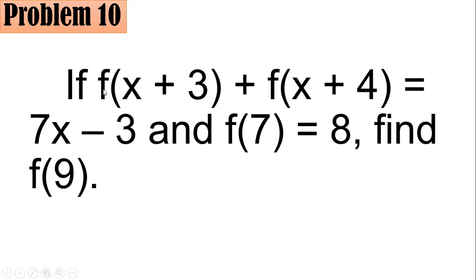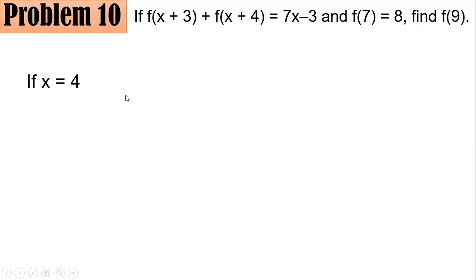So this will become f. If x is 4, why 4? Because the purpose of that is to have this f of 7. And that is f of 4 plus 3 plus f of 4 plus 4 equals 7 times 4 minus 3 by substitution. Okay?